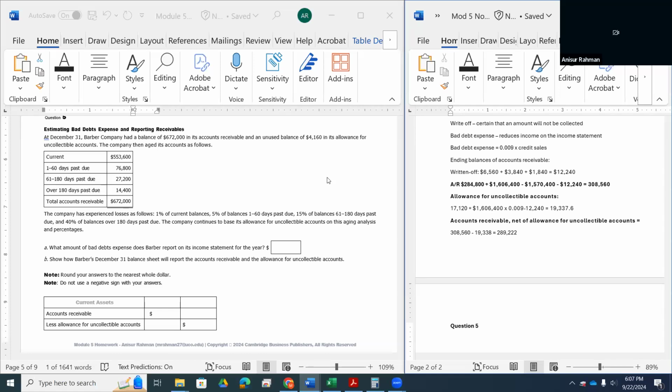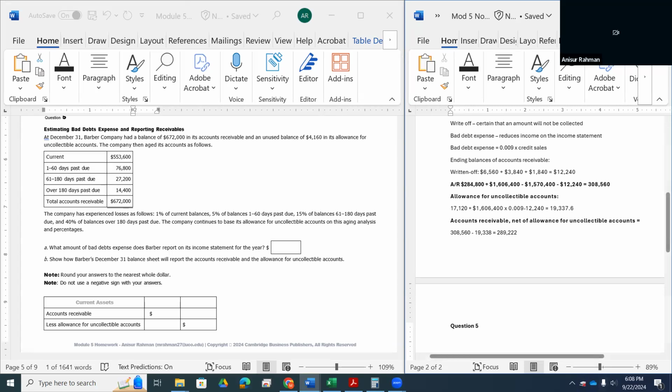And at the same time, this company reduces the income by the same amount, the amount that the company is doubtful it won't be able to collect. But when a company has an unused balance, what that basically means is the company has an allowance higher than the actual written off amount during that period.